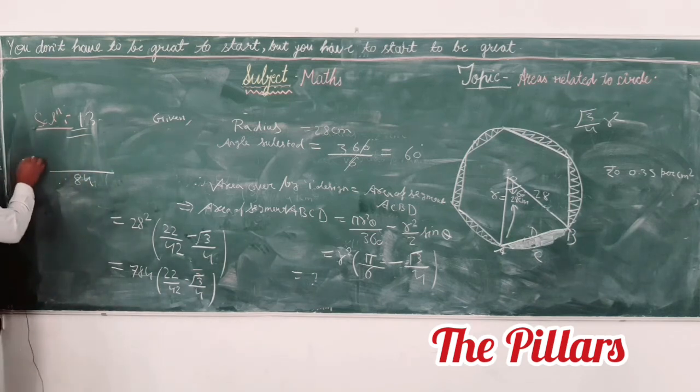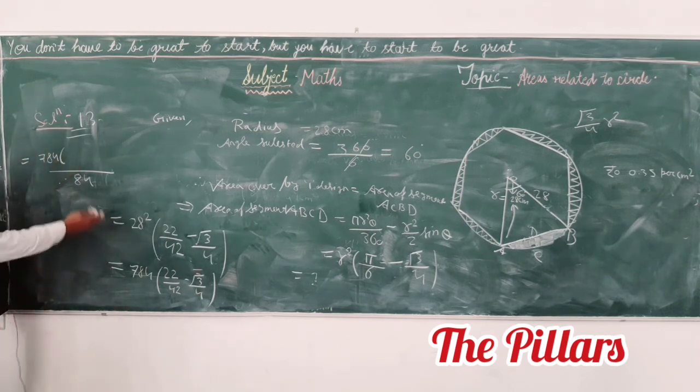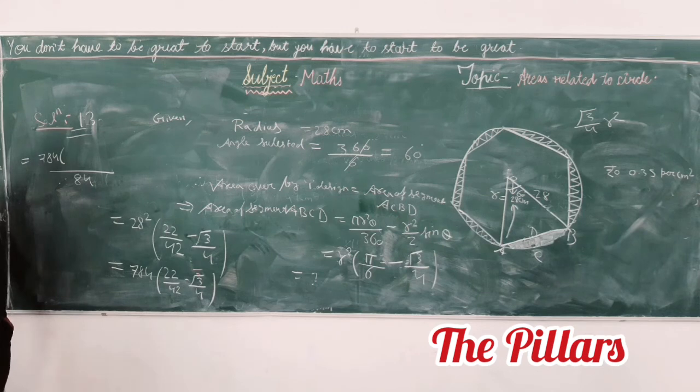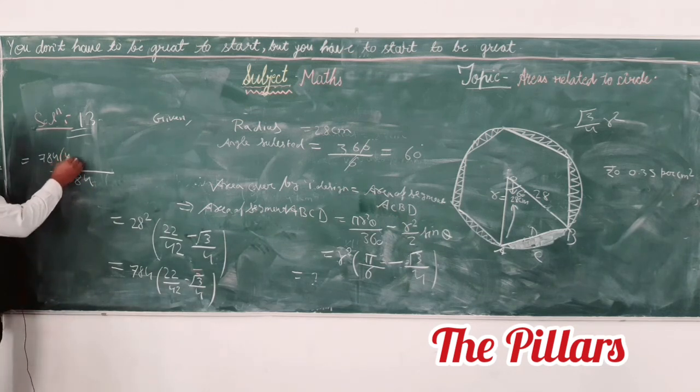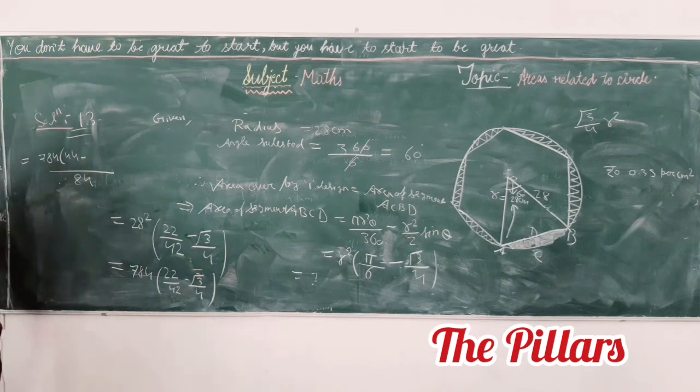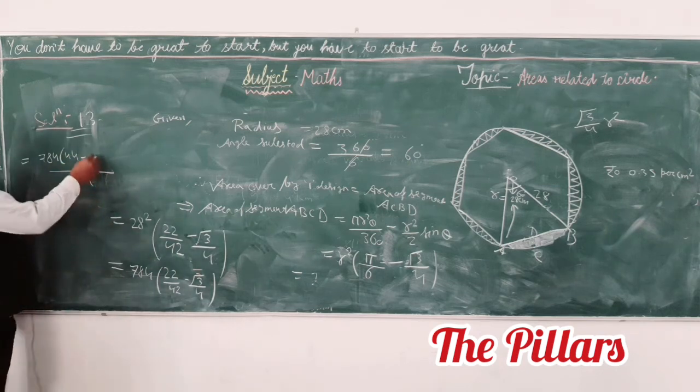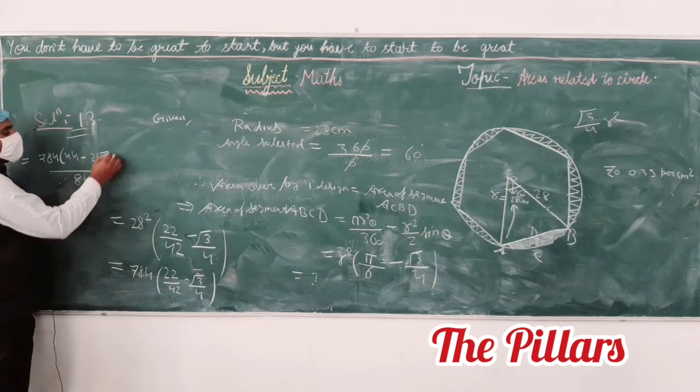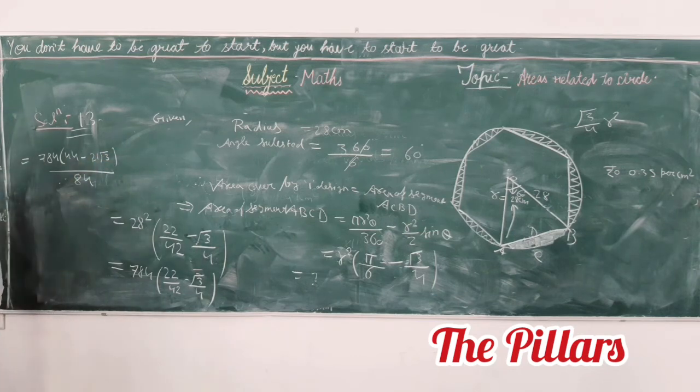You see that this will be equal to 784 divided by 84 into 44 minus 21 root 3. This is 44 minus 21 root 3 divided by 84. Put the value of root 3 as 1.732.